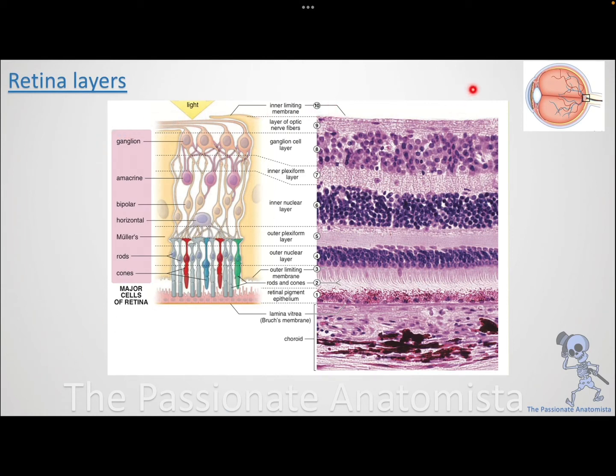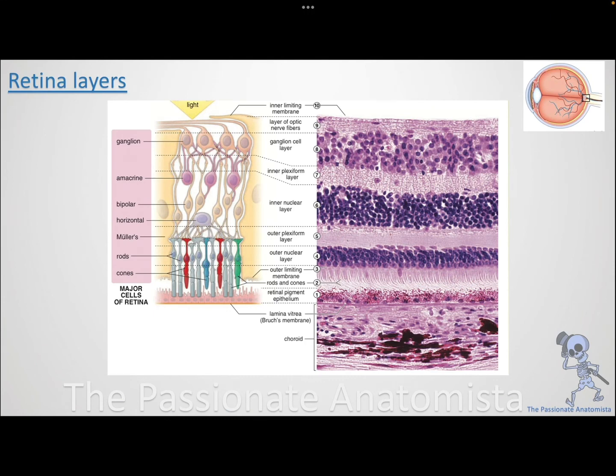So again, as the light comes in, it hits the internal layers of the retina without doing anything until it reaches the deepest layer, the pigmented retina. From there, it gets processed from the back to the front, all the way to the innermost layer of the retina, and then through the optic nerve to the brain.